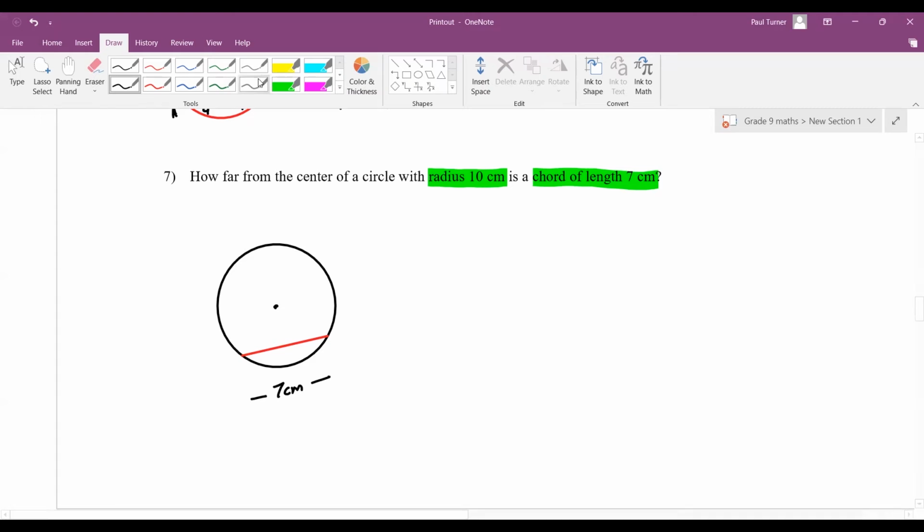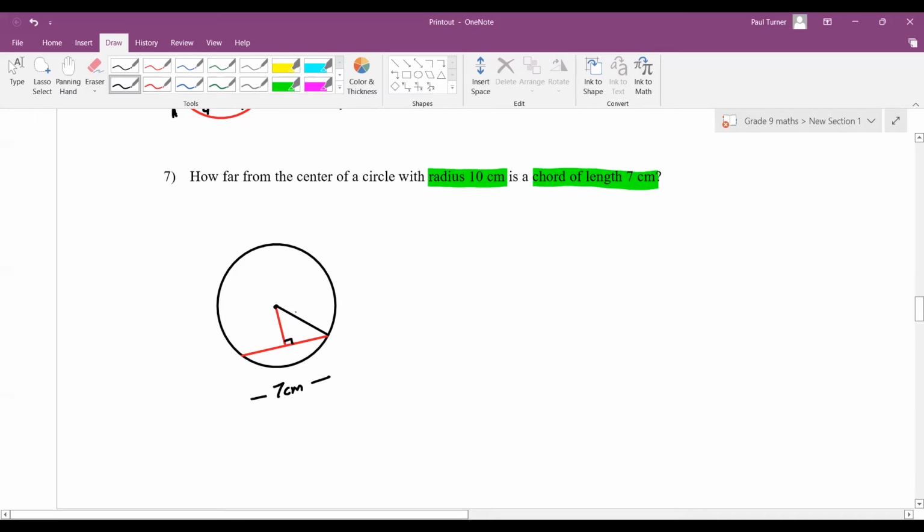And the radius is 10 centimeters. So we'll put a radius line on, like that. We only need one side. And then we'll drop down a perpendicular line down to the chord, like that. And that will form a right angle here.